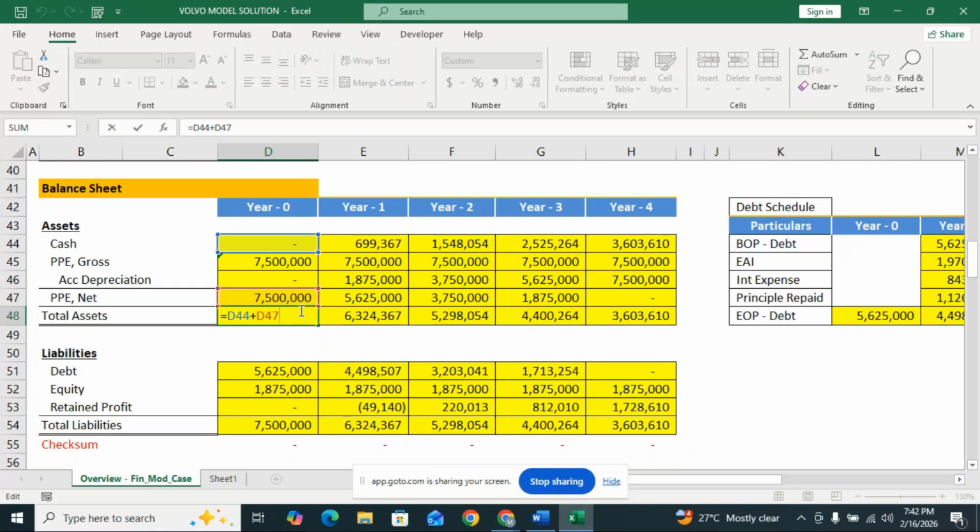Just check this, because total assets is the cash balance at the end of the period plus your value of property, plant, and equipment at the end of the period. That's all. I have not considered the entire selection here, the range from D44 to D47. Maybe here I think you have gone wrong. Just cross check once.